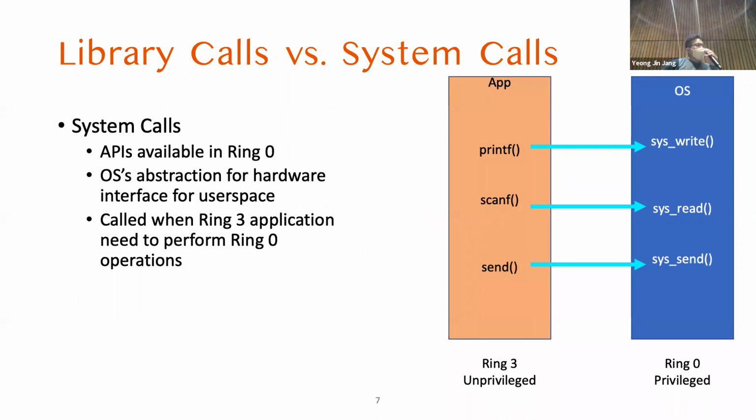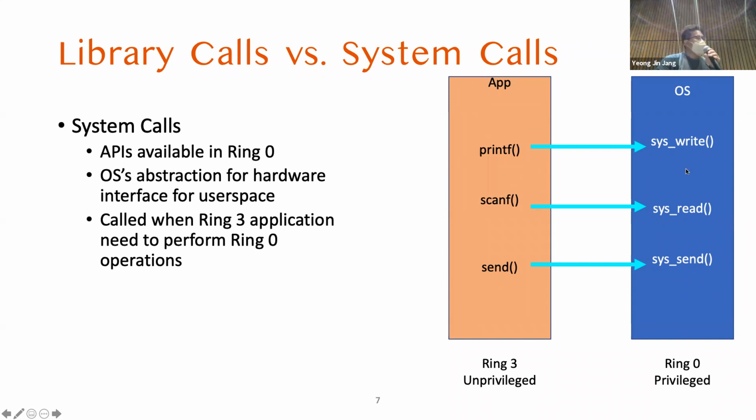To go one step further, whenever an application uses a library call, for example printf, scanf, send, we know that these functionalities will interact with the operating system and the hardware. And internally they call the system call counterparts that the operating system handles for these APIs. The important thing is that these APIs are in the unprivileged area, and these APIs are available in the privileged area.